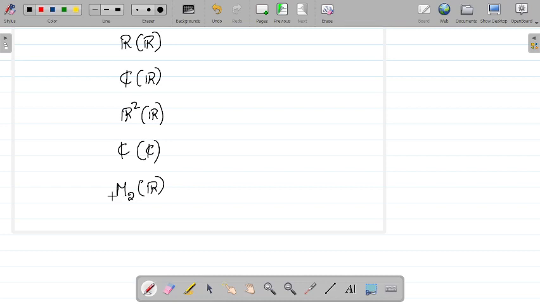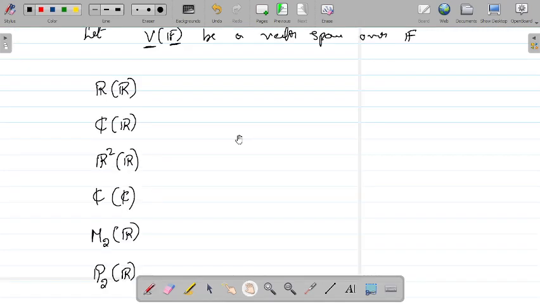I mean set of all 2 by 2 matrices, and similarly you can take set of all n by n matrices, and polynomials of degree less than or equal to 2 with real coefficients. You can take complex coefficients as well. Okay, so these are some examples of vector spaces.